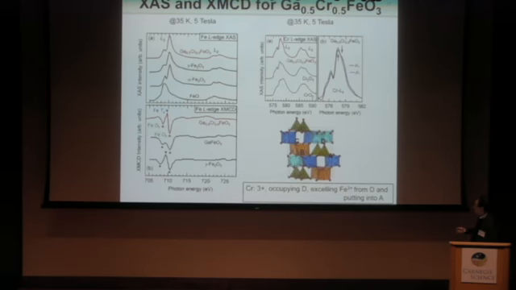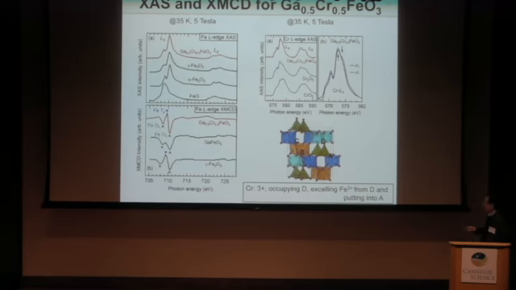And the valency and the coordination were checked by the XAS and XMCD spectra. This is the XAS spectra for this material, and it shows that the valency of the ion is 3.